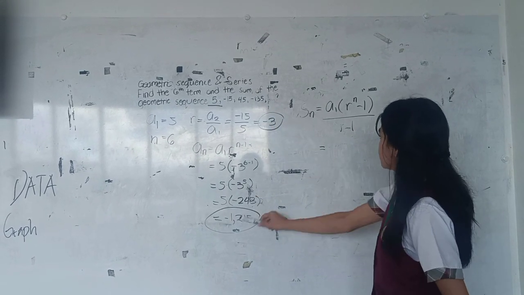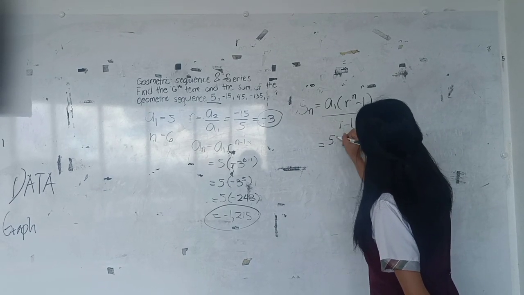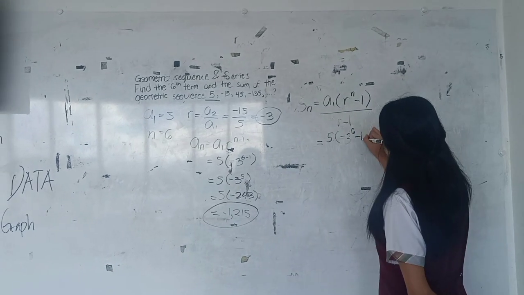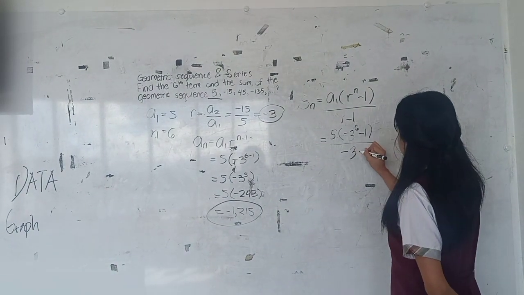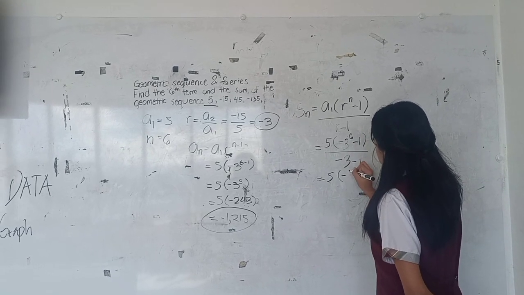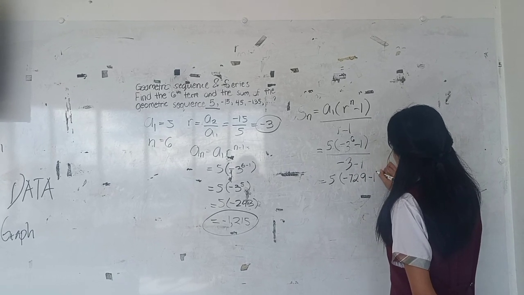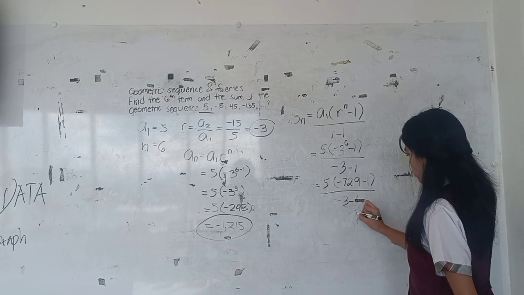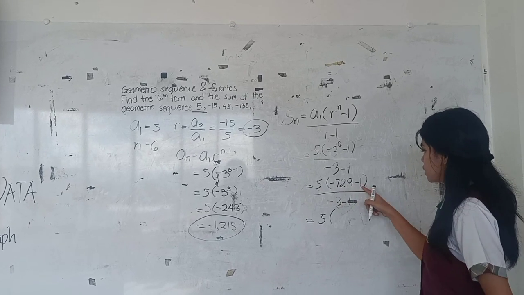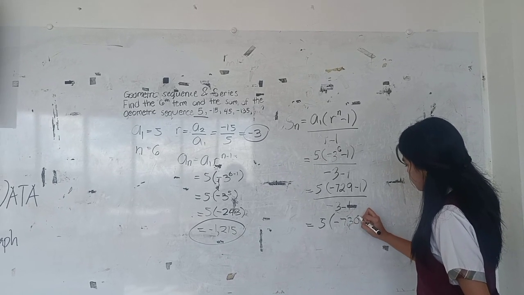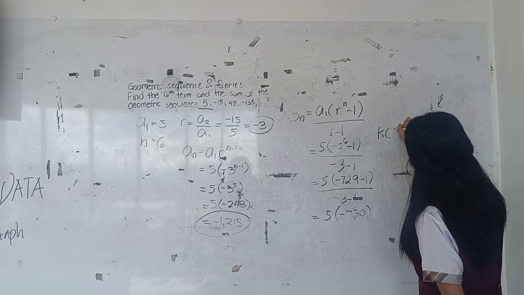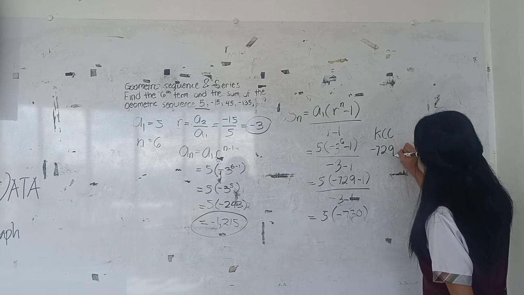Substitute the givens: a sub 1 is 5 times our common ratio, negative 3, raised to 6, because that's our n, minus 1, over our r minus 1. Negative 3 raised to 6 is 729, so it is negative 729 minus 1.